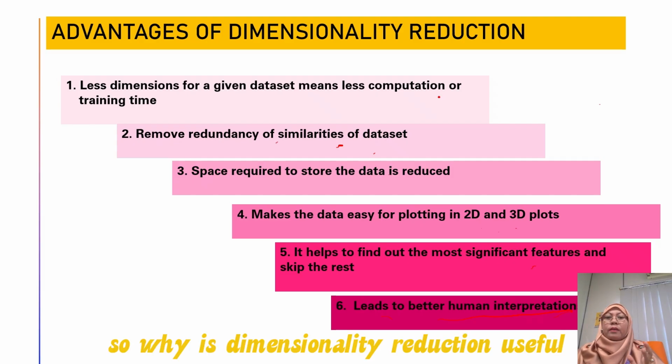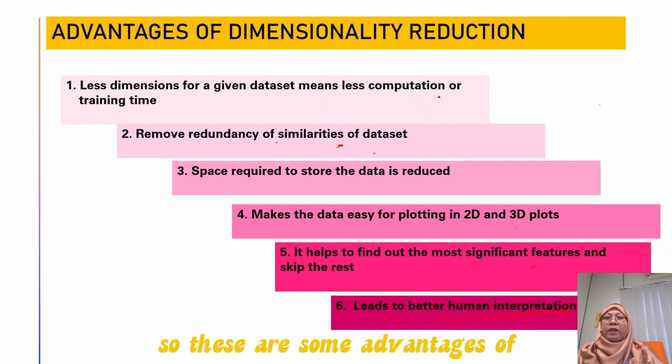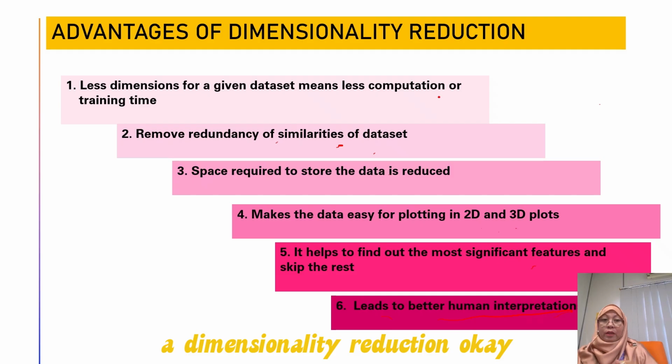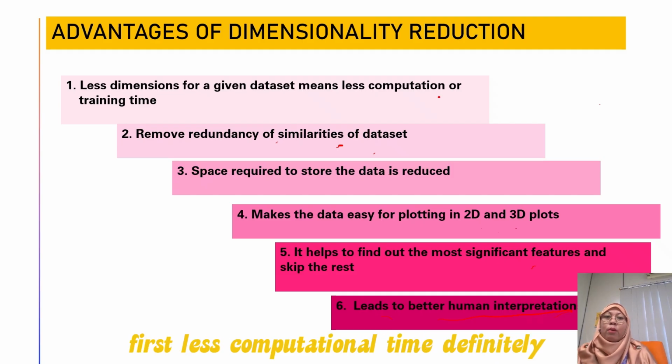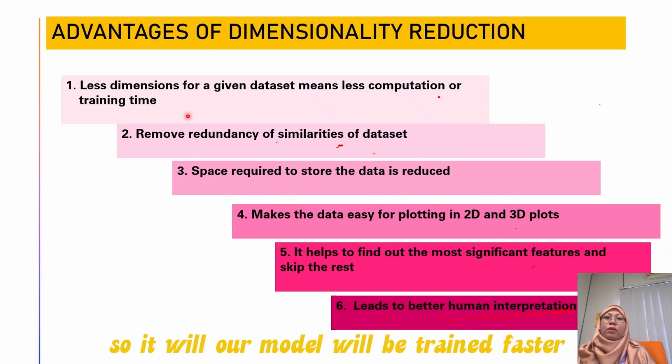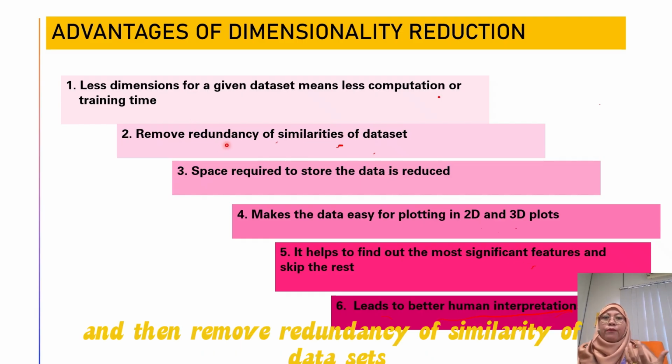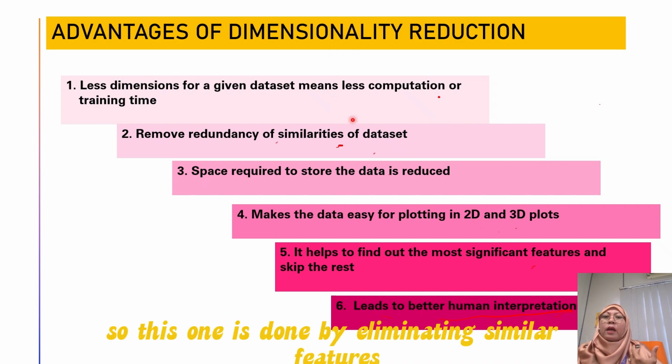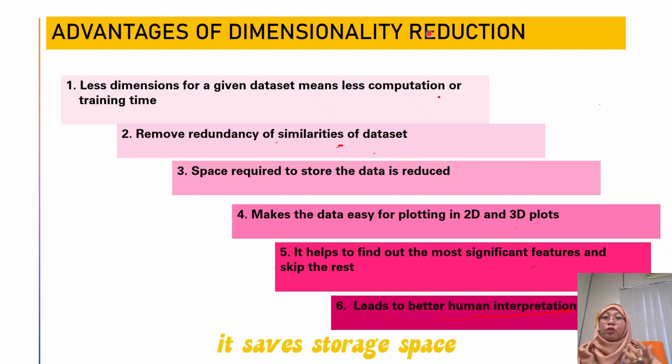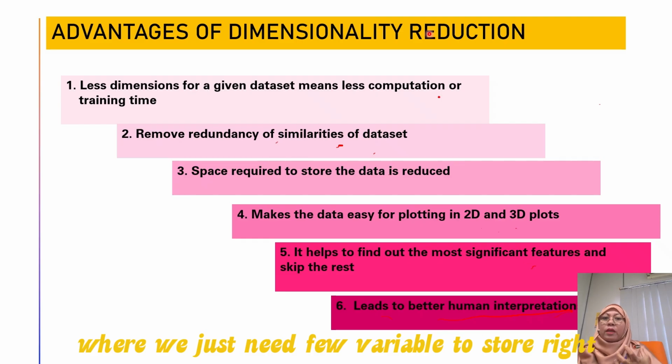So why is dimensionality reduction useful? These are some advantages of dimensionality reduction. First, less computational time, definitely, so our model will be trained faster. And then it removes redundancy or similarity in the data sets. This is done by eliminating similar features, and it saves storage space, where we just need fewer variables to store, right?